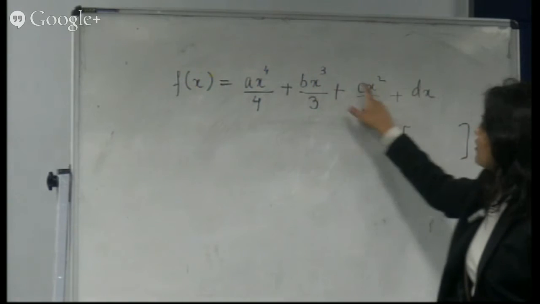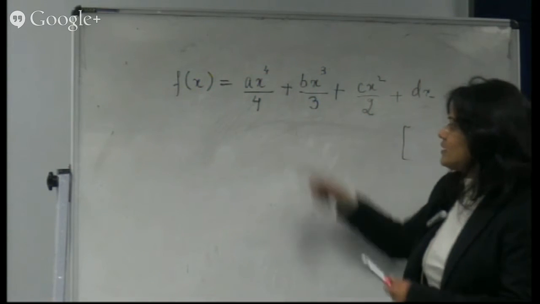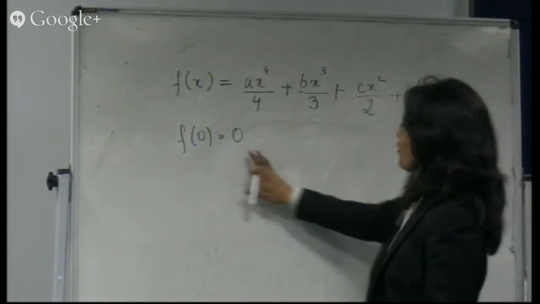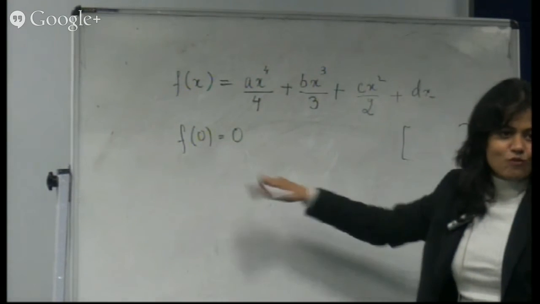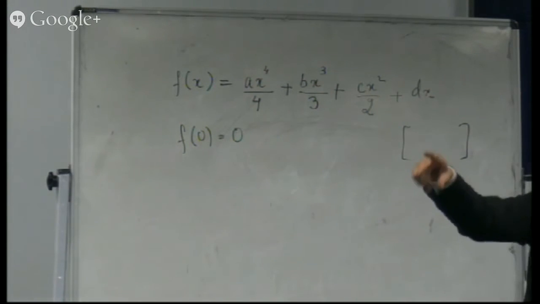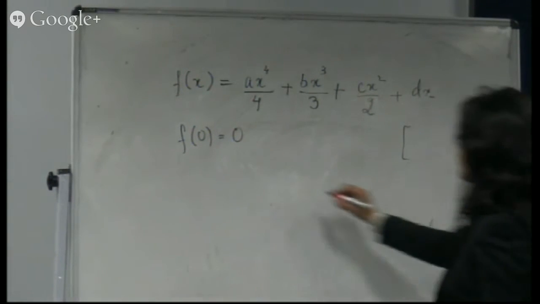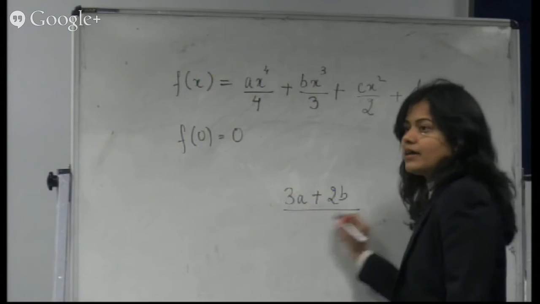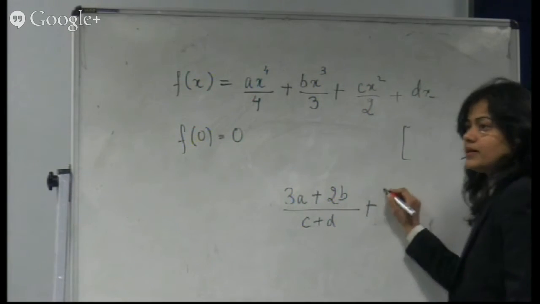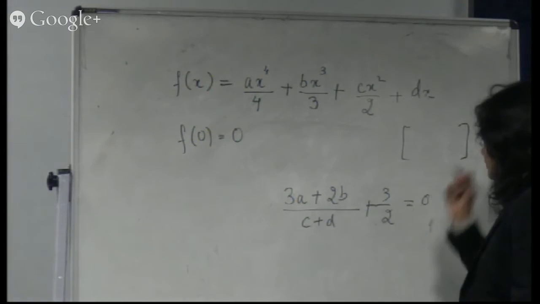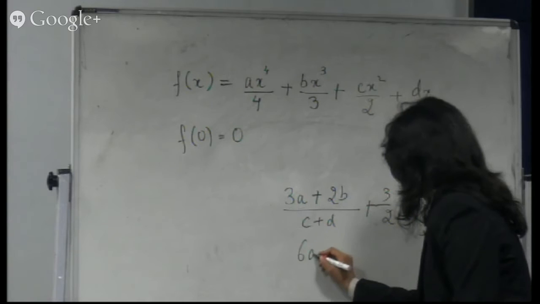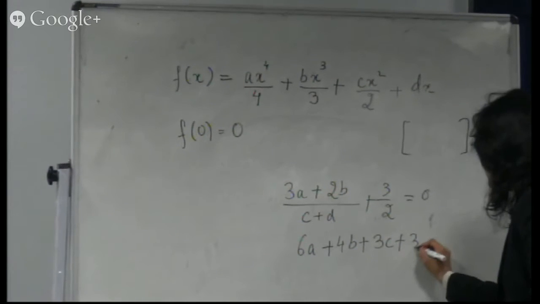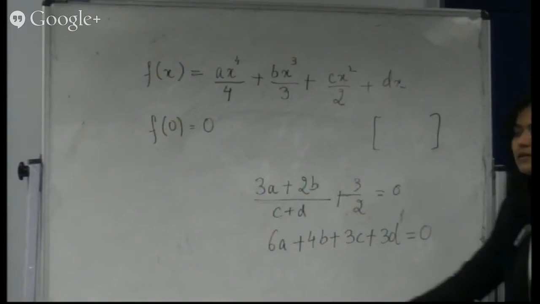Now if you put x is equal to 0, each of these terms will be 0. f of 0 is 0. Okay, so one point can be 0. Now what about the other point? That point will be chosen by looking at the equation. What is given to me? 3a/2 plus 2b/3 plus c plus d, all over 2, is equal to 0. If you simplify this, you have 6a plus 4b plus 3c plus 3d is equal to 0.